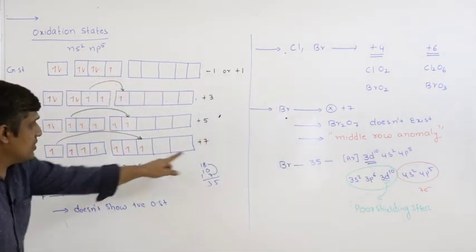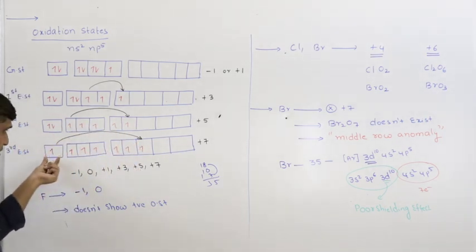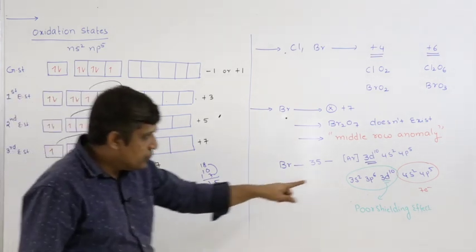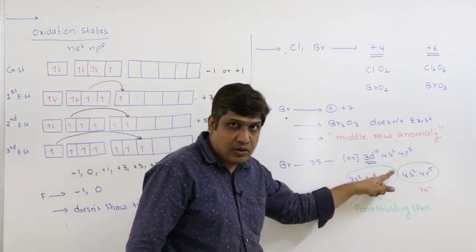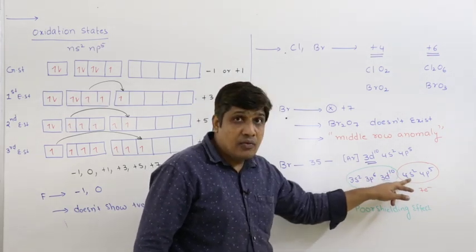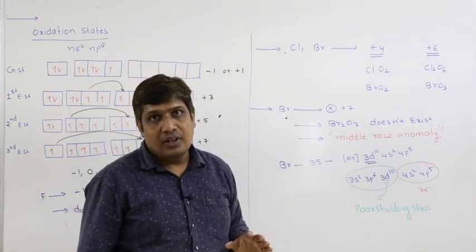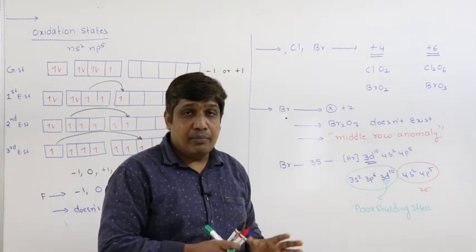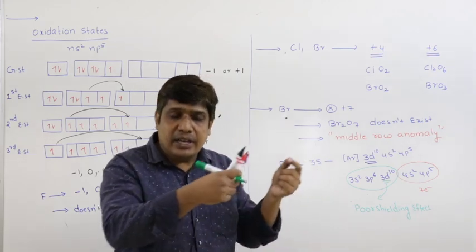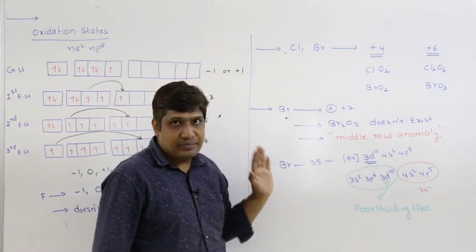So when it shows +7 oxidation state, the ns2 electrons, the 4s2 electrons, are promoted. Due to poor shielding effect of 3d10 electrons, the effective nuclear charge on 4s2 is higher than expected. So we can supply that energy, but that much amount of energy must be compensated during bond formation, which doesn't happen here.